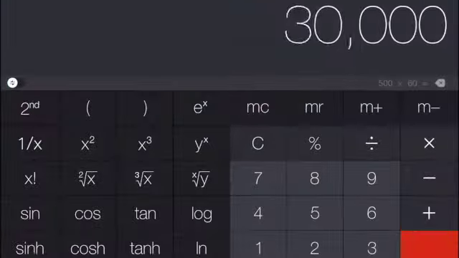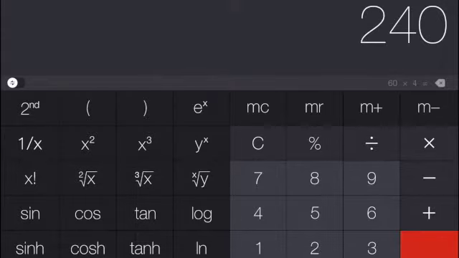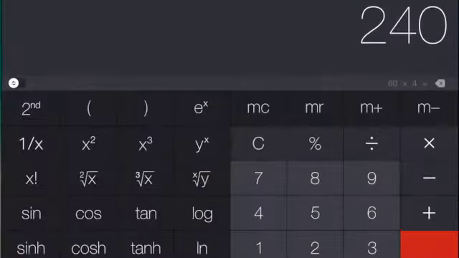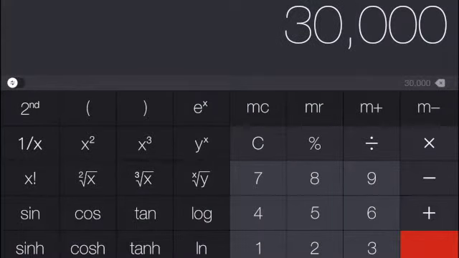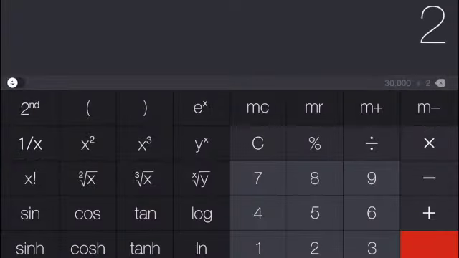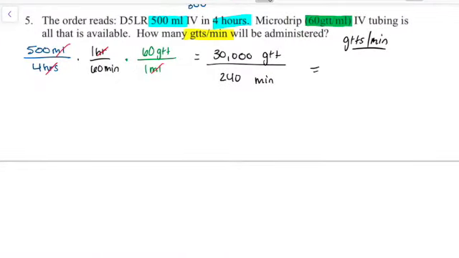And 60 times 4 is 240. So 30,000 divided by 240 is 125 drops per minute.